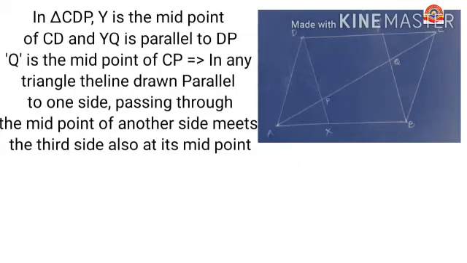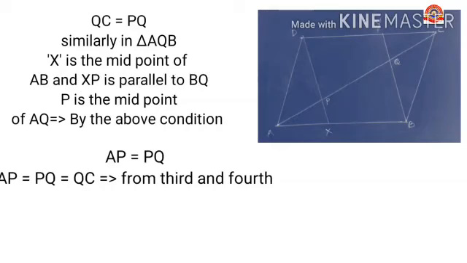In triangle CDP, Y is the midpoint of CD and YQ is parallel to DP. Therefore, Q is the midpoint of CP, because in any triangle, the line drawn parallel to one side passing through the midpoint of another side meets the third side also at its midpoint. Hence, QC is equal to PQ. Consider it as the third equation.